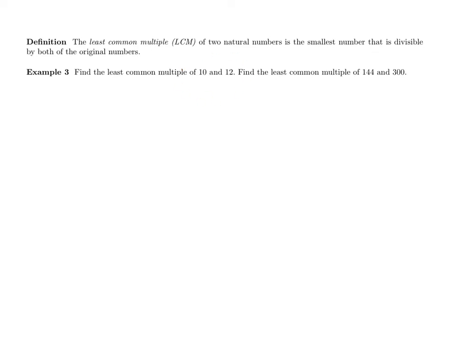Let's start with 10. Since we're talking about multiples, let's actually list out the multiples of 10. So if you start with 10, the multiples will be 20, 30, 40, 50, 60, 70, and so on. So those are all of the multiples of 10 forever. We can do the same thing for 12.